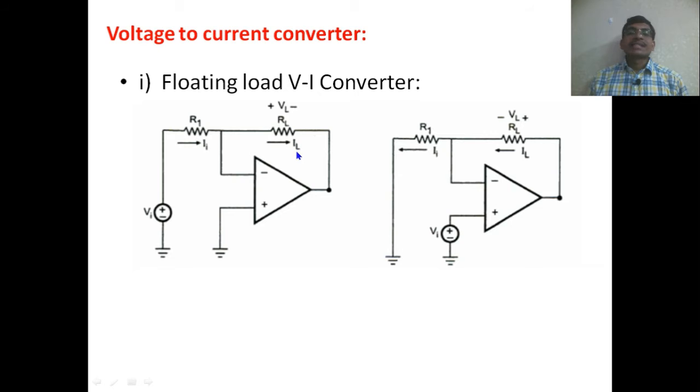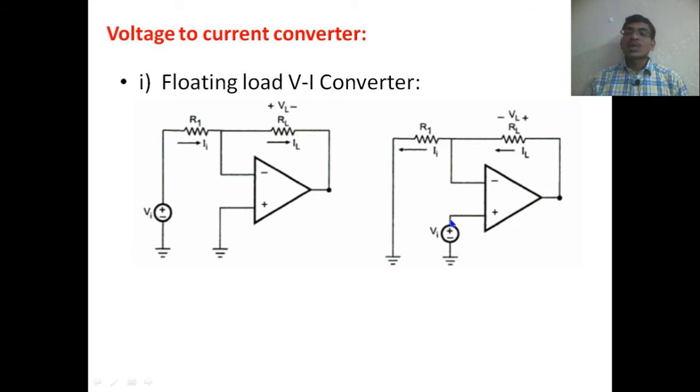IL is the current flowing in the load resistor RL, and VL is the voltage across the load resistor, and R1 is the input resistance, and II is the input current flowing in the resistance R1. VI is the input voltage. As it is the voltage to current converter, input signal is the voltage.